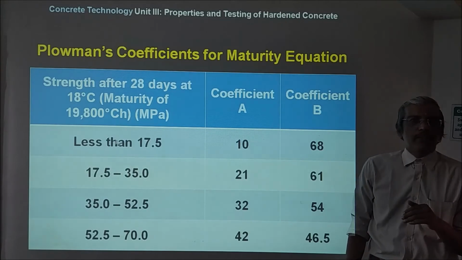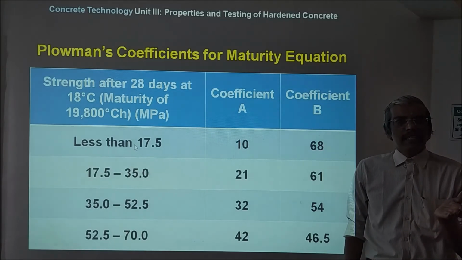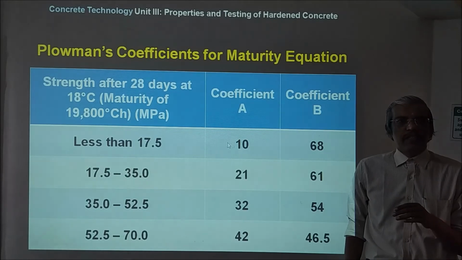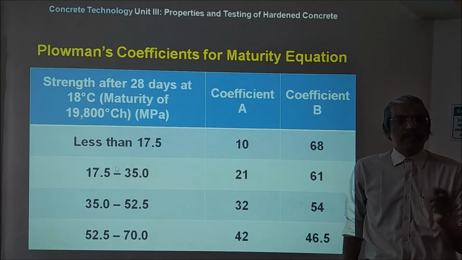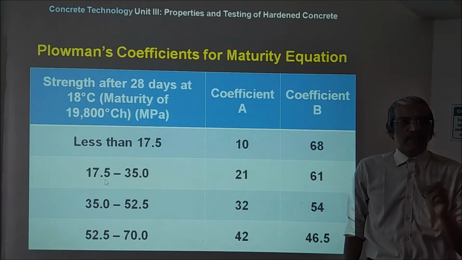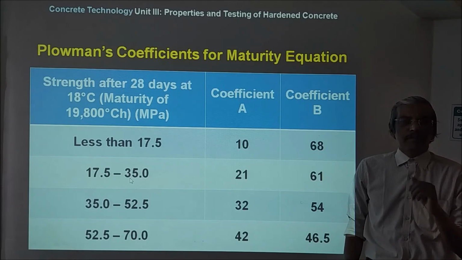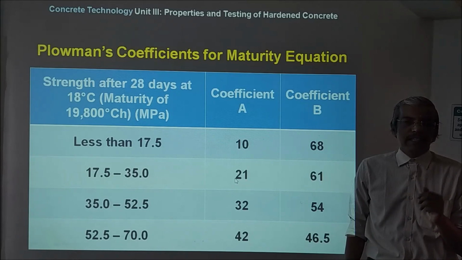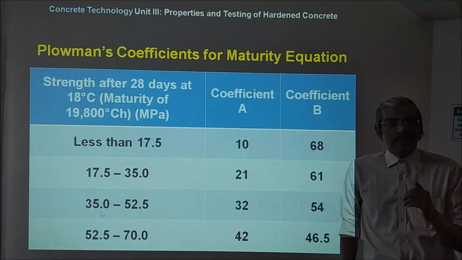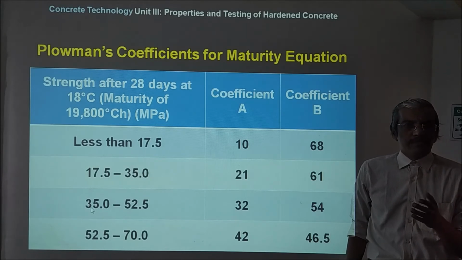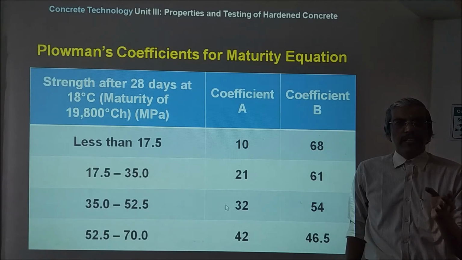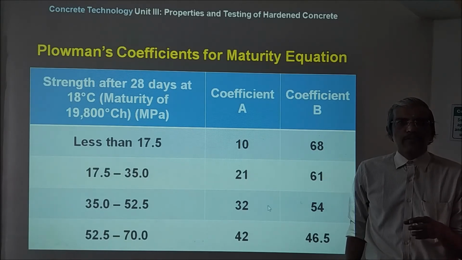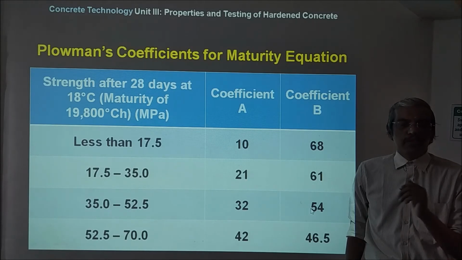If the strength after 28 days is less than 17.5, coefficient A will be 10 and coefficient B will be 68. If the strength is between 17.5 and 35 Newton per millimeter square, then A is 21 and B is 61. If it is between 35 and 52.5, then A is 32 and B is 54.